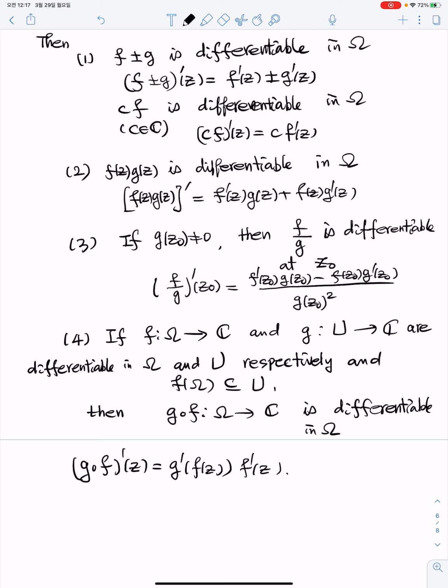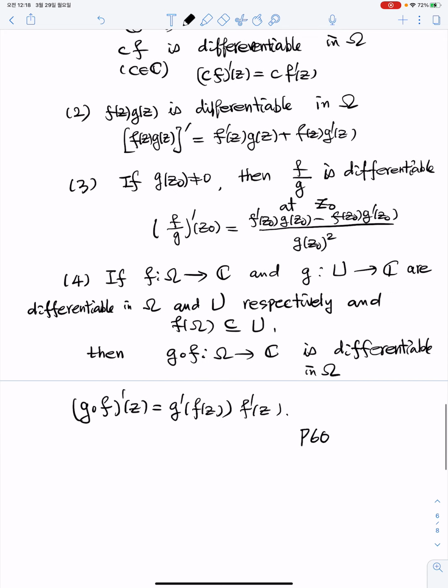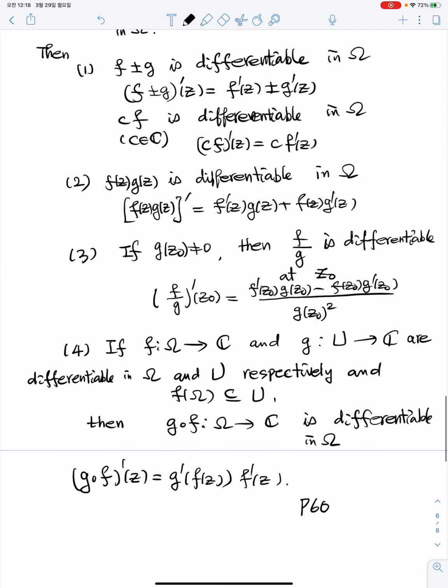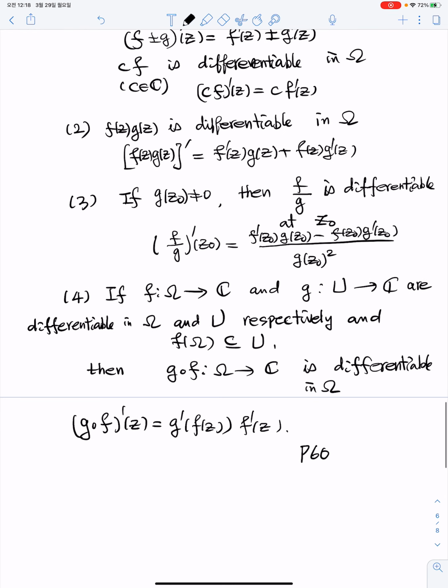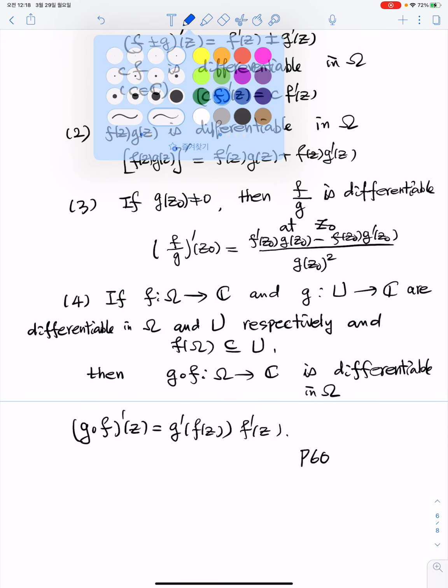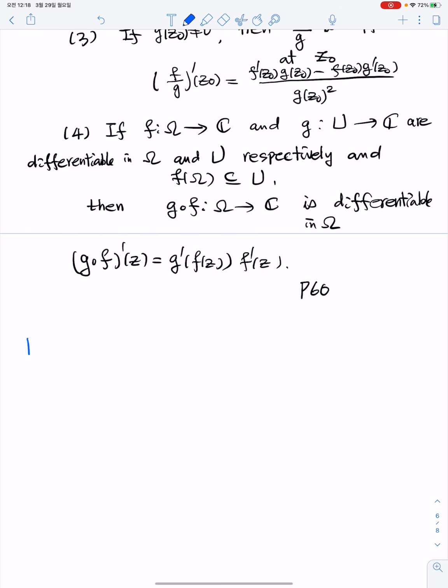So we have almost finished the page, up to page 60. I'm not going to prove this one, although you can find the proof in the textbook. Now some exercise problems for homework.